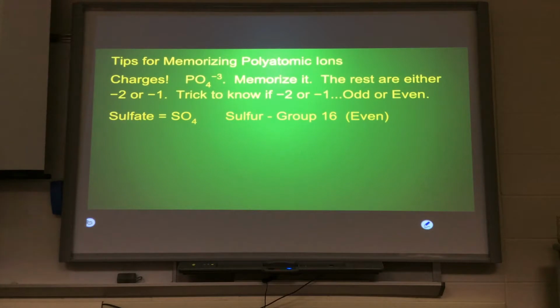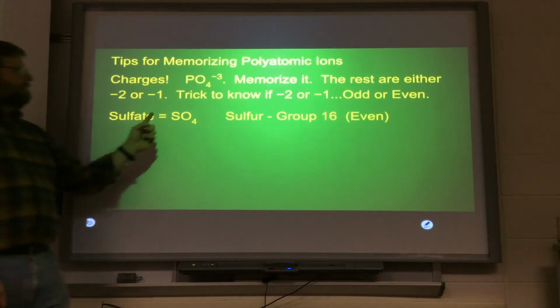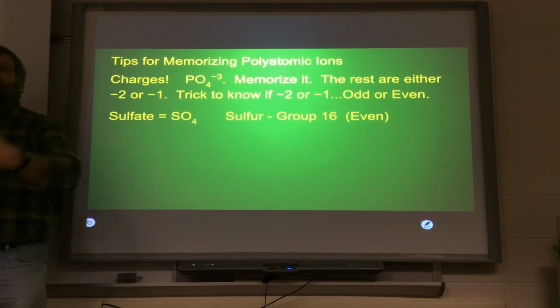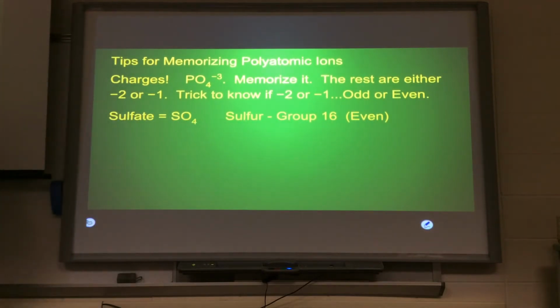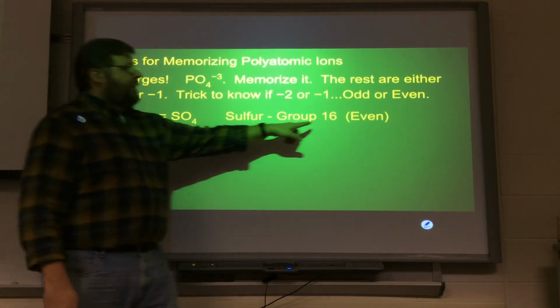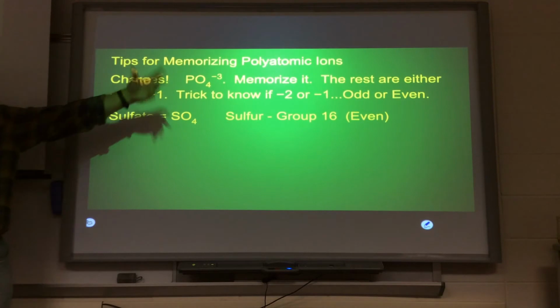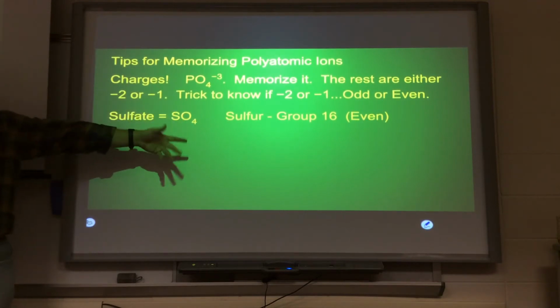So as an example, we've got sulfate. Sulfate's SO4. So we've got two different elements making that polyatomic ion: sulfur and oxygen. So we look on the periodic table, what groups are they in? Sulfur is in group 16, and 16 is an even number. Right above sulfur is the other element in this polyatomic ion, oxygen.